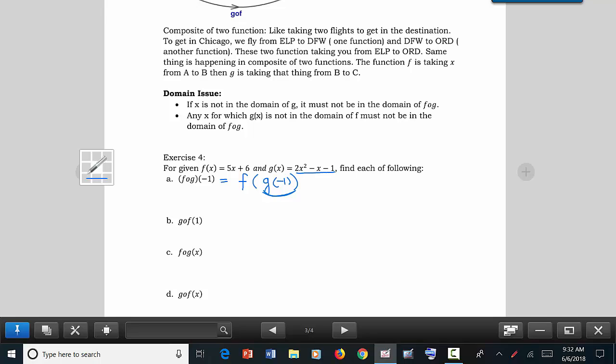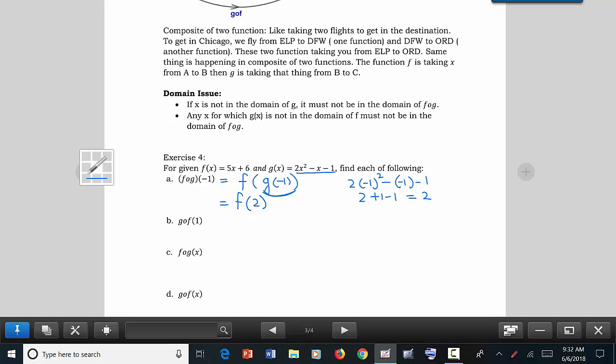If you plug negative 1 there, how much will we get? Let me do it separately. 2 times negative 1 squared minus negative 1 minus 1. So this is 2 plus 1 minus 1, so it becomes 2. So g of negative 1 is, the whole thing is 2.